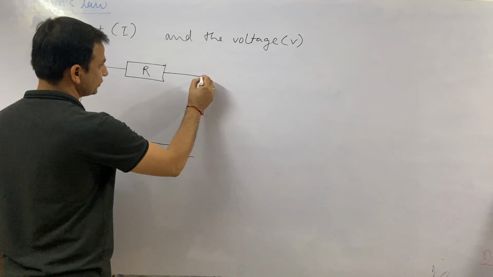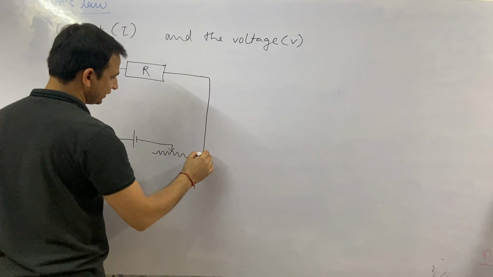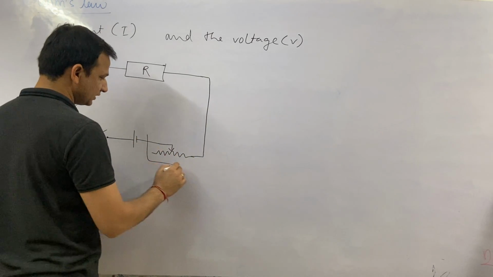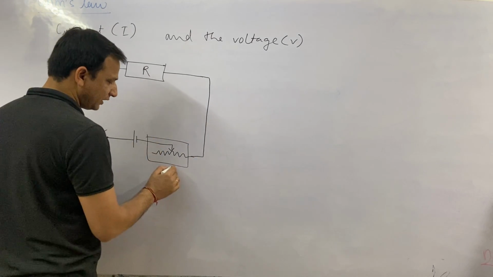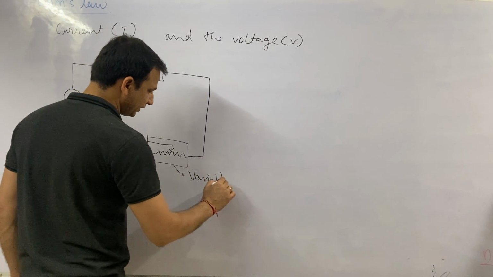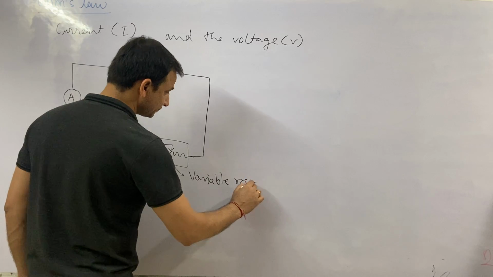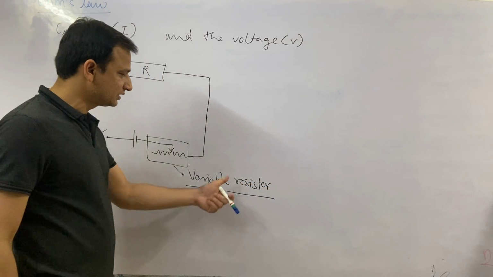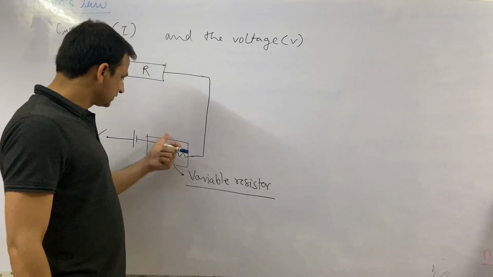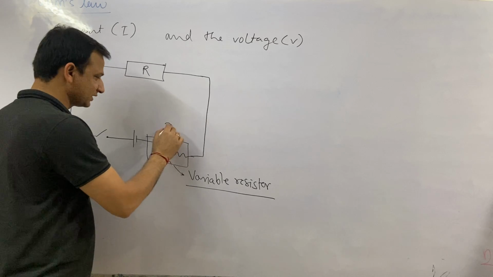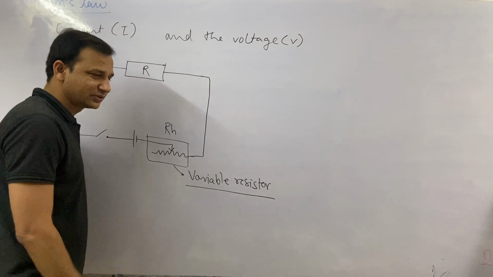The rheostat will change the current flowing in the circuit, and it is a very simple variable resistor. It means you can change its resistance, and it is called RH.